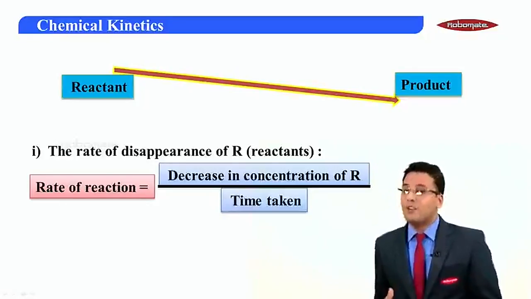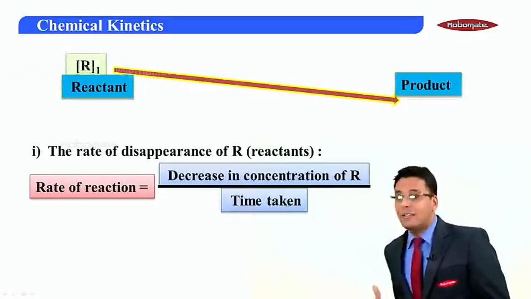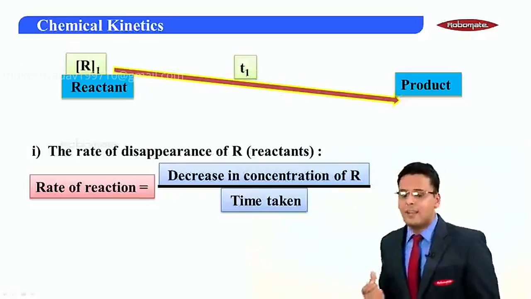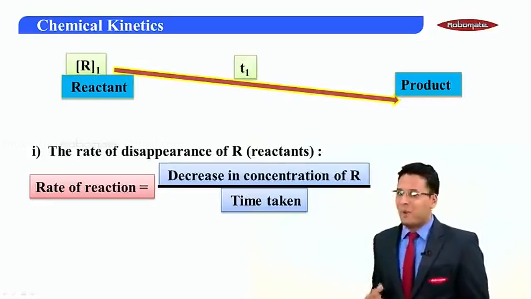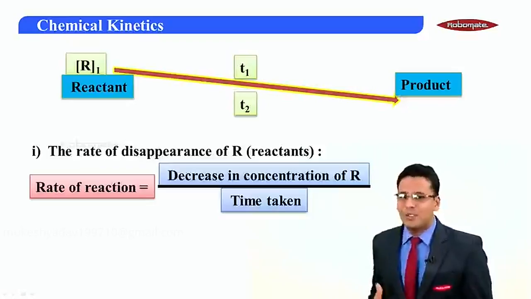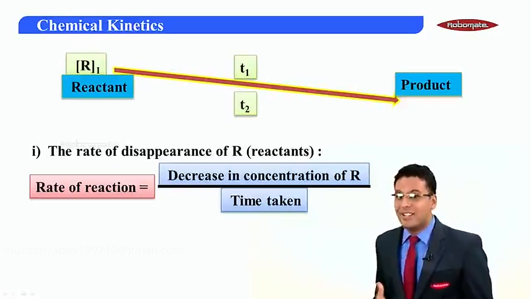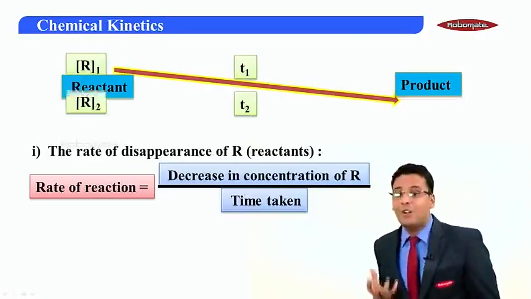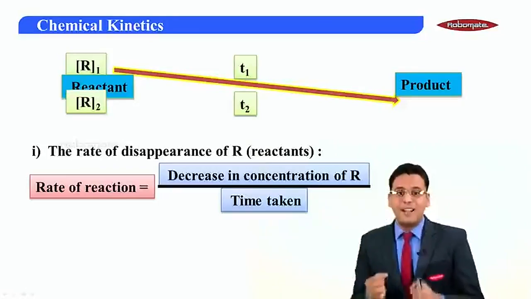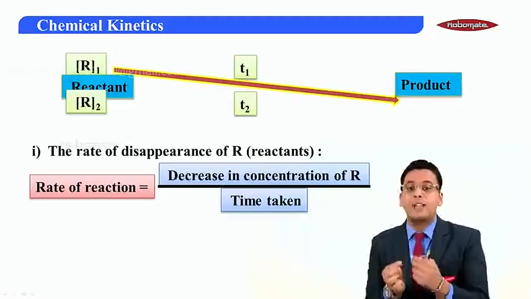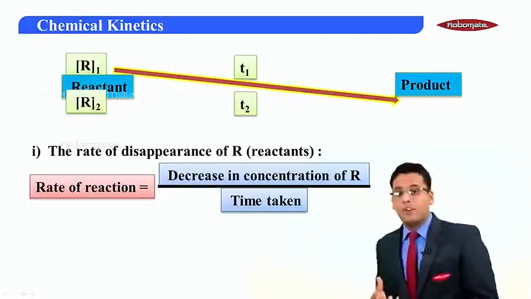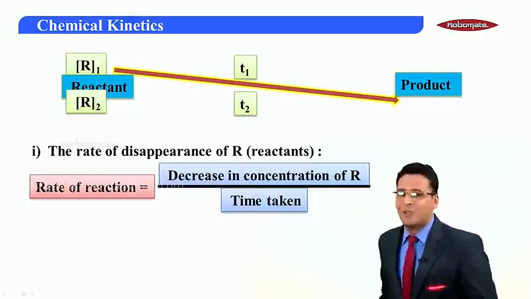Say if the concentration of reactants is R1 at time T1. As this time progresses from T1 to T2, this concentration decreases to R2. Which means that as the time progresses, the reactant concentration decreases from R1 to R2.